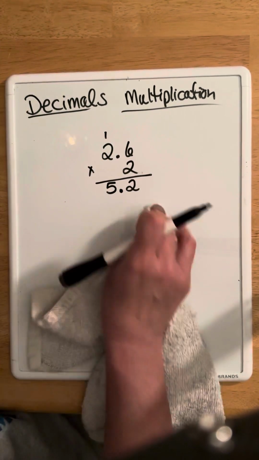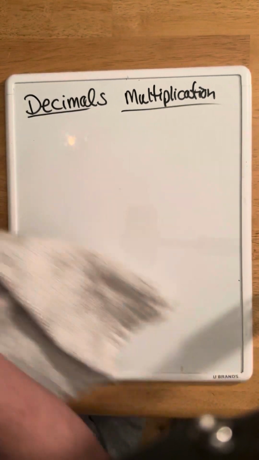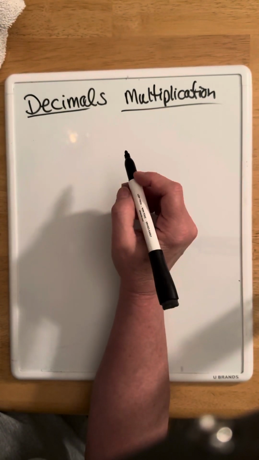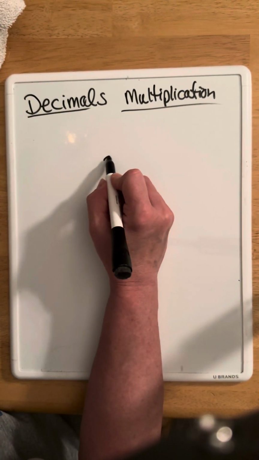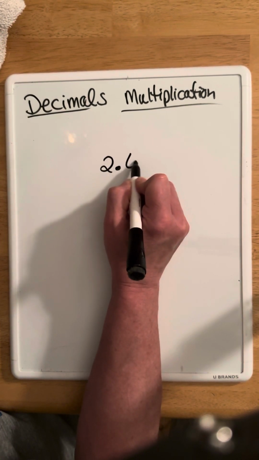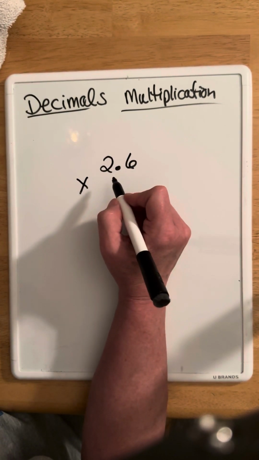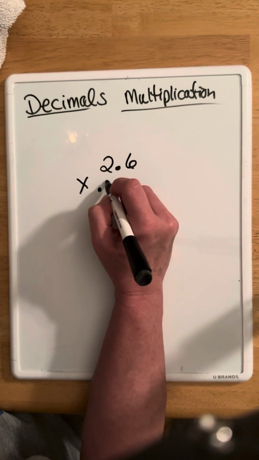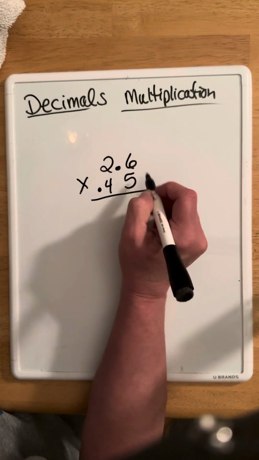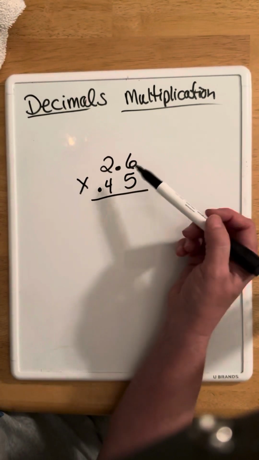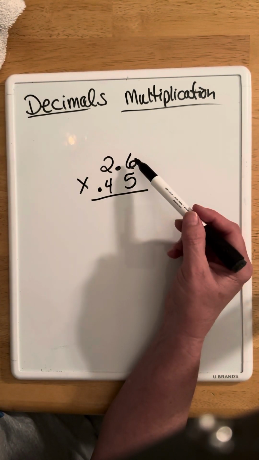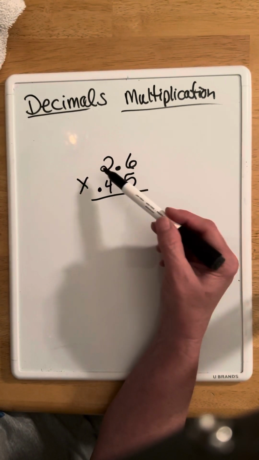Okay, I'm going to show you another example. We'll use that 2.6 again in our math problem. 2.6 times 0.45. I'm lining the numbers up so that I can get to the mathematic problem easier.